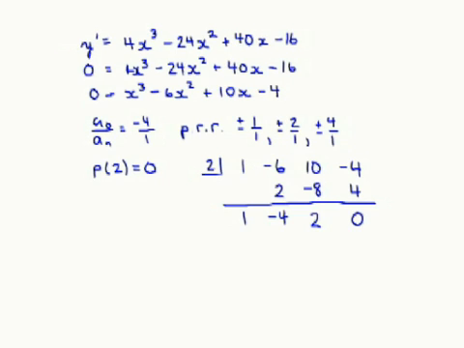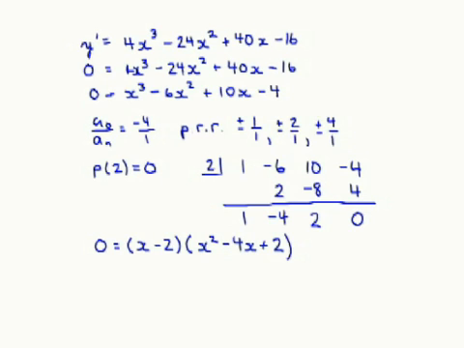So, based on this, we can now conclude that our cubic equation, which is 0 equals x cubed minus 6x squared plus 10x minus 4, can be factored such that it can be expressed as 0 equals x minus 2 times x squared minus 4x plus 2.